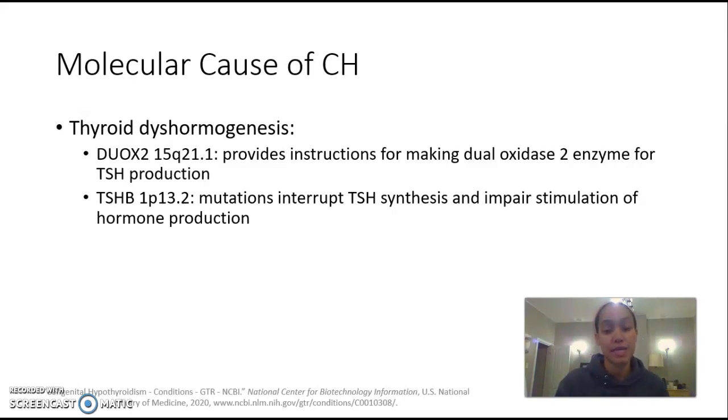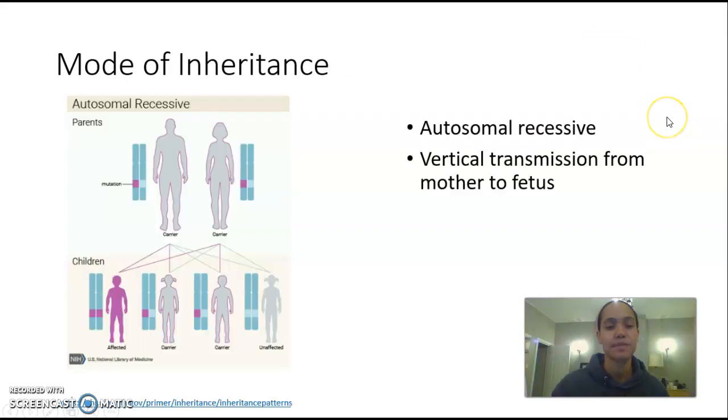And TSHB, the mutations in it interrupt TSH synthesis and impair stimulation of hormone production. So we can see that these various genes play a role in different parts of the pathways in TSH production, leading to dyshormogenesis.